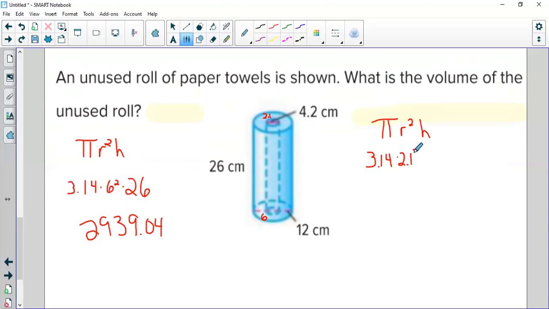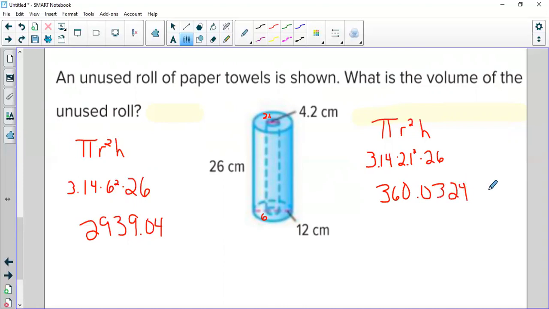2.1 squared times the height, which is the same, 26. So 3.14 times 2.1 squared times 26 gives me a total of 360.0324.